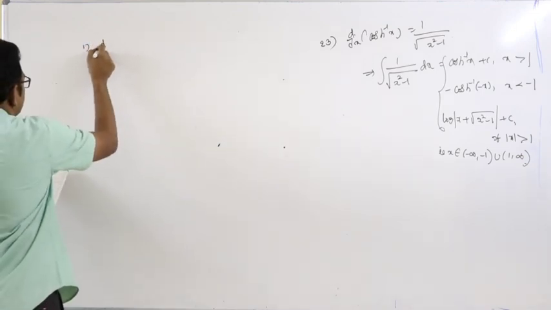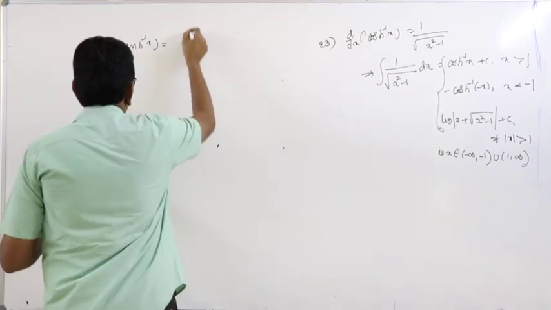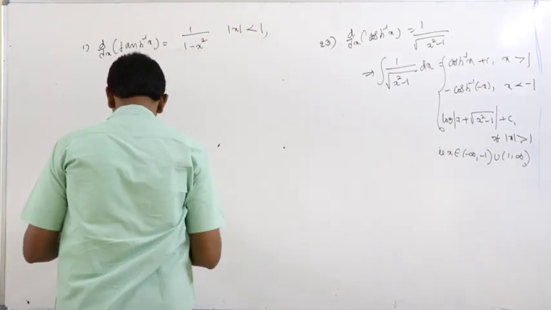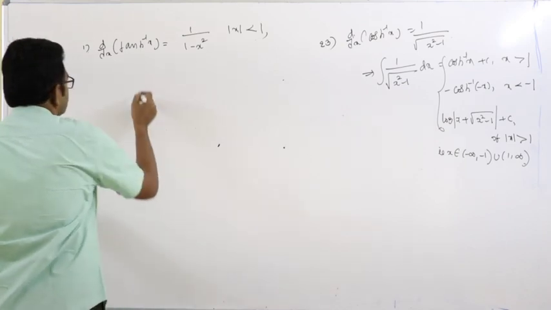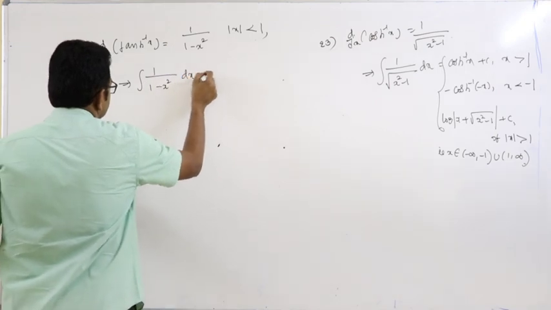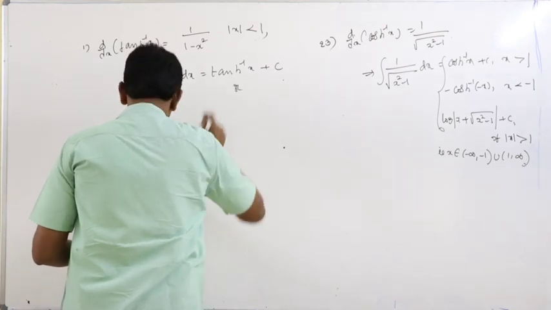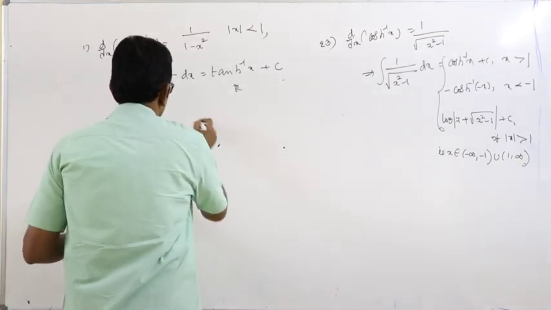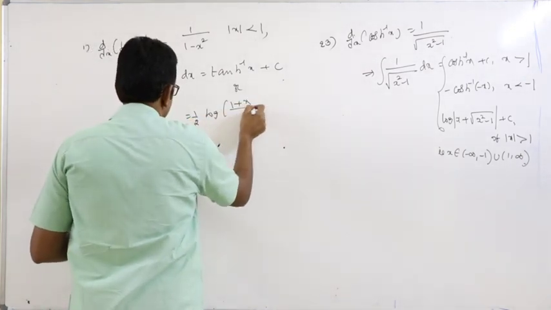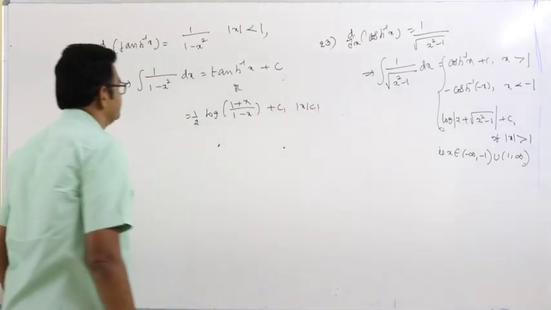Next one, derivative of tanh inverse x is 1 by 1 minus x square if mod x is less than 1. This implies the integral of 1 by 1 minus x square dx is equal to tanh inverse x plus c, or 1 by 2 of log of 1 plus x by 1 minus x plus c, where mod x is less than 1.